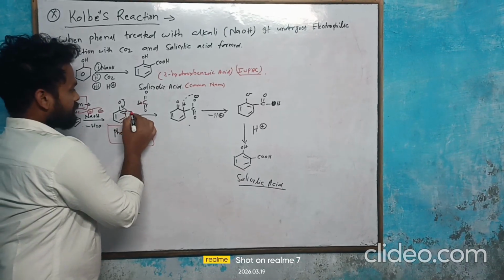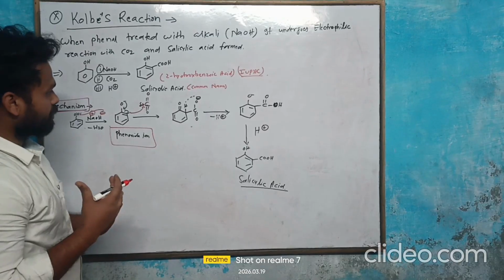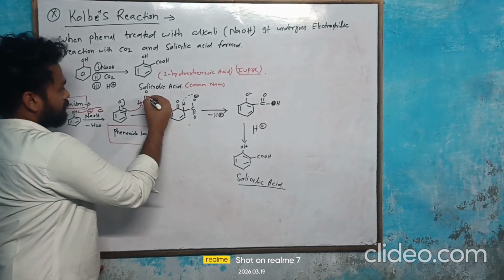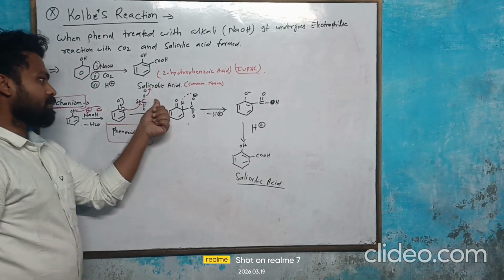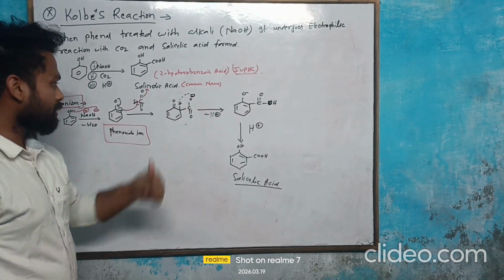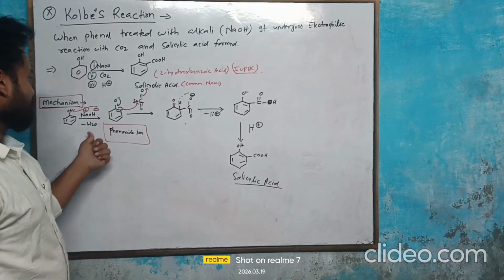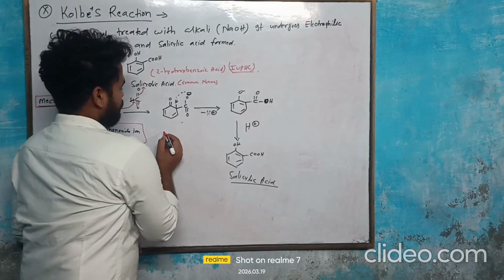Here the negative charge attacks the carbon. Carbon cannot form 5 bonds, that's why this pi bond will shift toward the oxygen, and the negative charge on oxygen is relatively more stable as compared to the carbon.